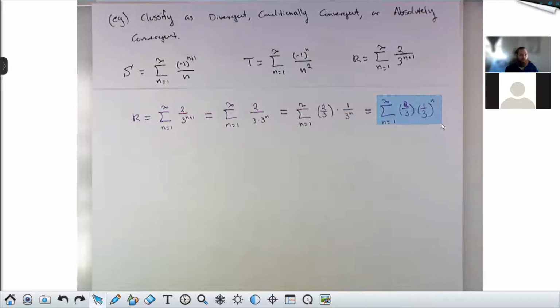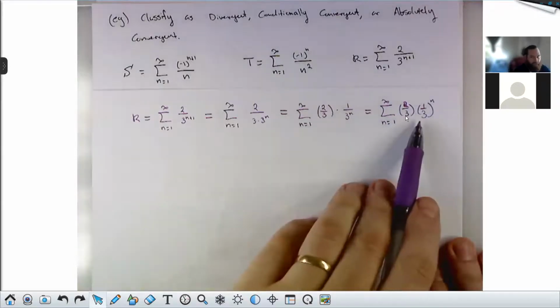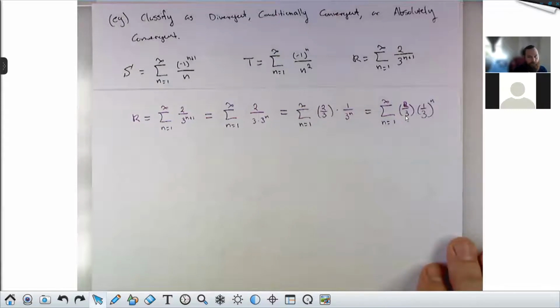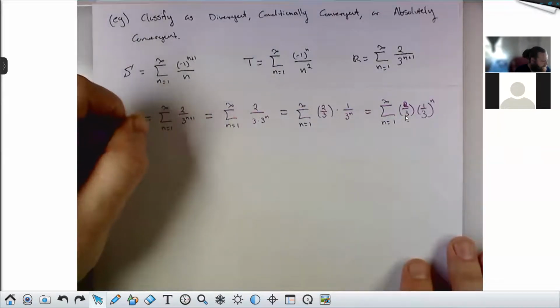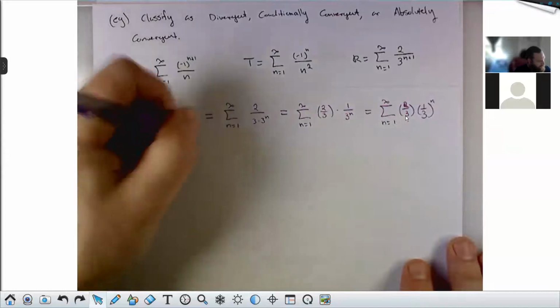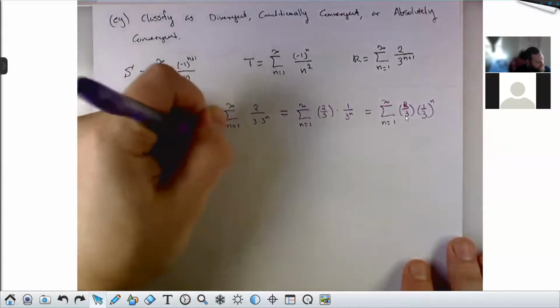This is sigma, some constant times some other constant to the n. But because I think that this is going to converge absolutely, and it's all positive terms, and I'm pretty sure it's a convergent geometric series, then I'm going to say, let's look at the absolute value series.